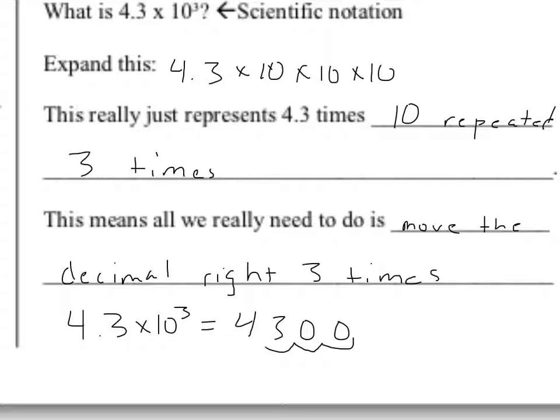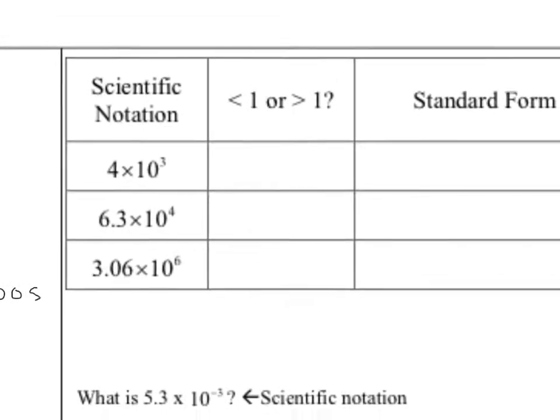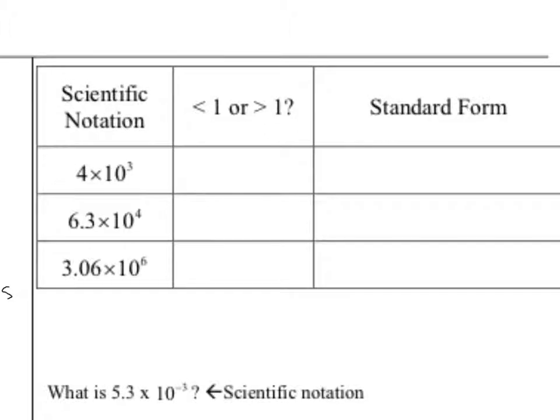Now we can imagine if this number was even larger and it was like 4,300,000,000, that might be a whole lot faster way to write it as like 4.3 times 10 to the whatever than writing it out the long way. So we'll see a couple examples of that later. In science, we might use this to represent some really large numbers. For instance, the distance between here and the sun.